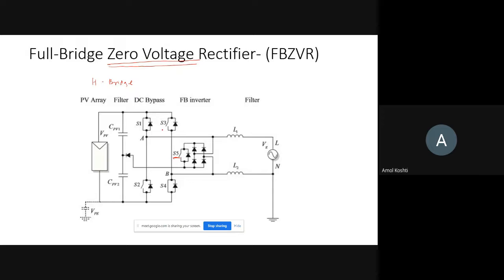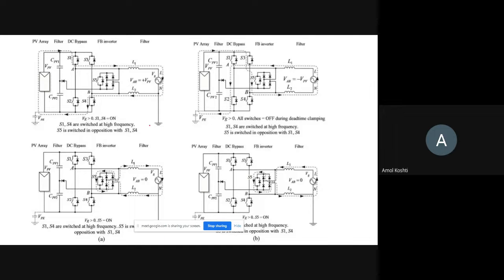If you see the switching in the previous circuit, the same applies here to produce plus VPV. Initially they turn on the two diagonal switches, that is S1, S4, and plus VPV is produced.